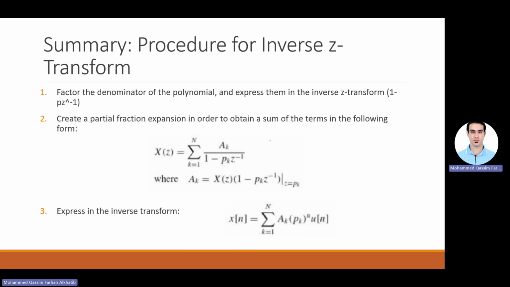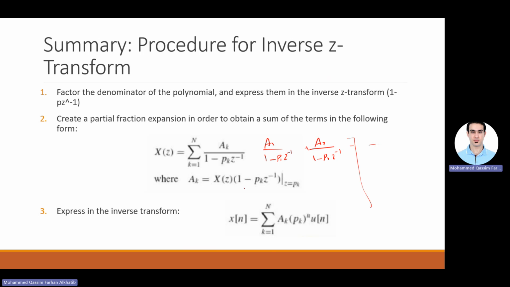So how to do the inverse transform: factor the denominator, something you've already done. Create a partial fraction expansion and express it in the inverse transform. Actually, this is a general formulation of how partial fraction expansion works. Basically, that's A1 over 1 minus p1 z^-1 plus A2 over 1 minus p2 z^-1, and so on.